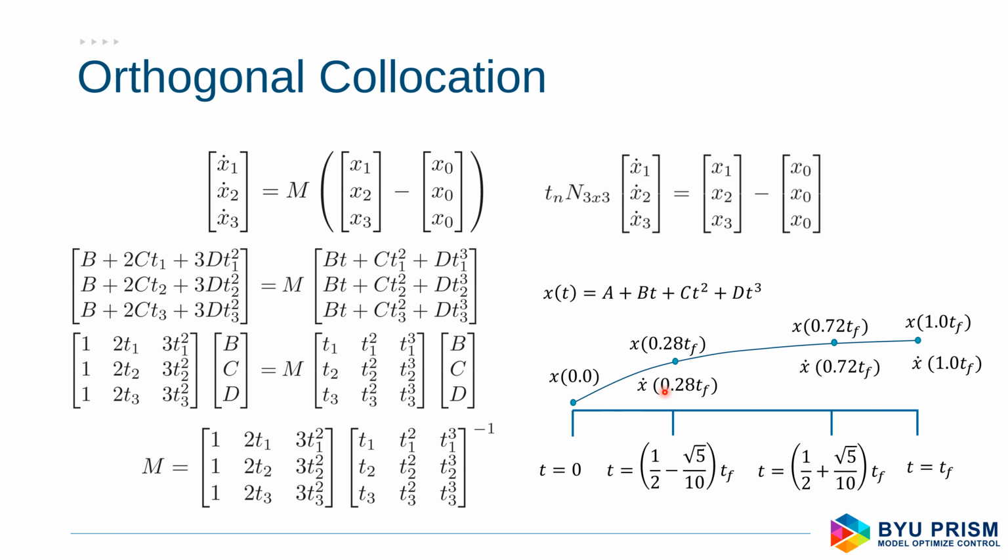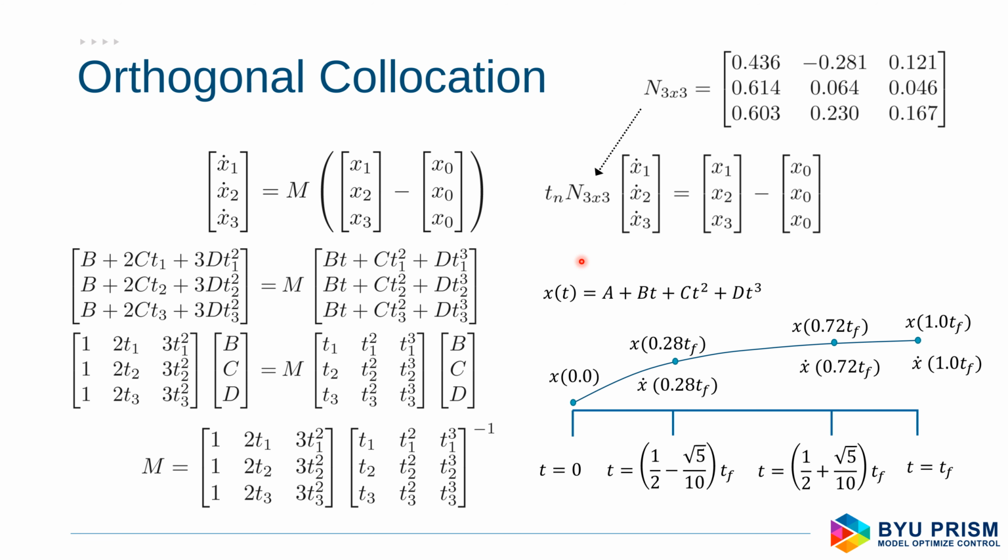If you go to time equals 1, you just use the N matrix. But let's say you go to time equals 2, from 0 to 2, then you just put in 2 there for the time. So that's the derivation of this. Here's the N matrix based on Lobatto quadrature. And we've fundamentally just fit a polynomial to those points.